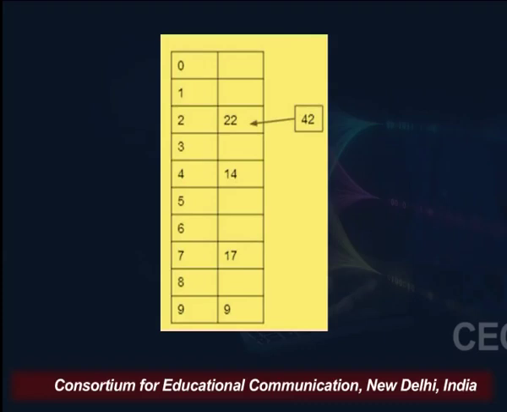When we talk about the fifth key, which is 42, now 42 also wants the slot of 2. Now, what is happening here?